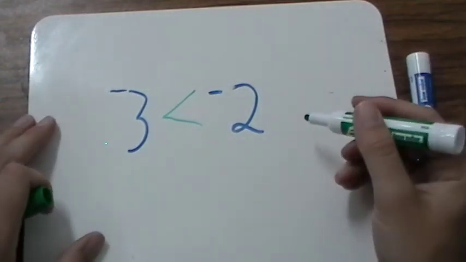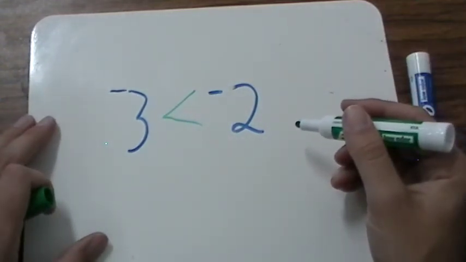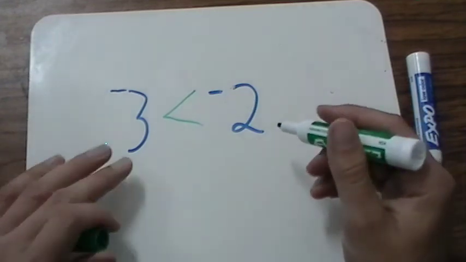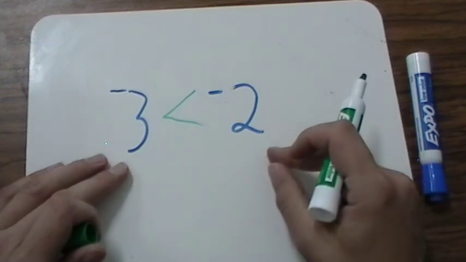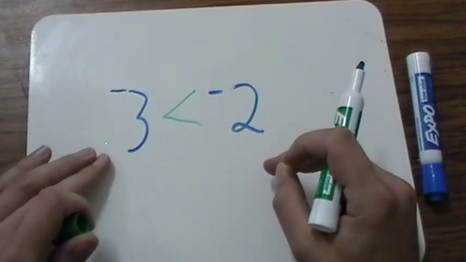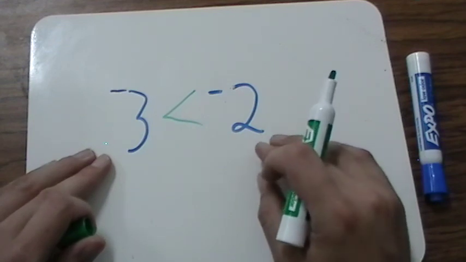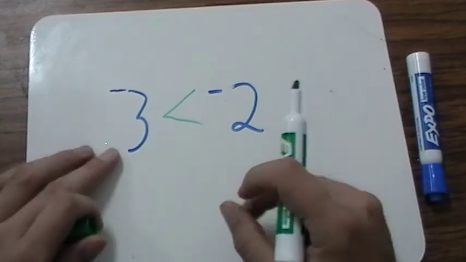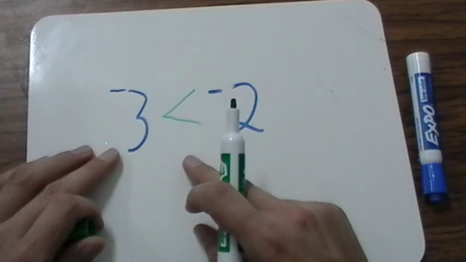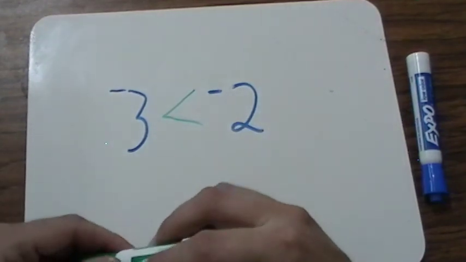We'd still say -2 is greater, because it's greater to owe somebody less money than to owe somebody more money. Even though 3 is a bigger number than 2, owing somebody $3 means you have even less money than if you only owed somebody $2. So we'd say -3 is less than -2. Okay?